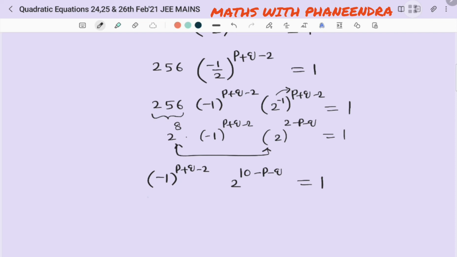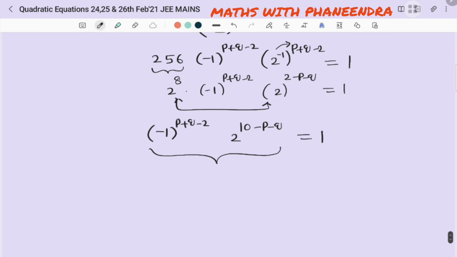For the LHS value to be equal to 1, the power of 2 should be equal to 0. Minus 1 whole power p plus q minus 2 anyway will become 1.